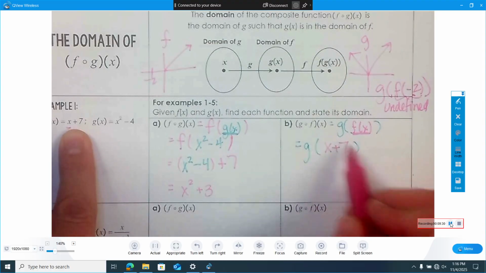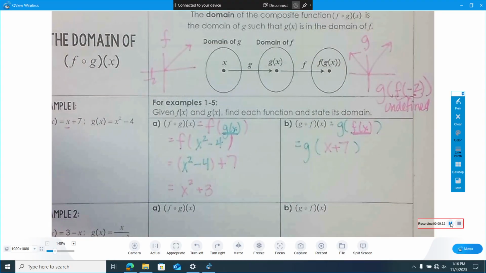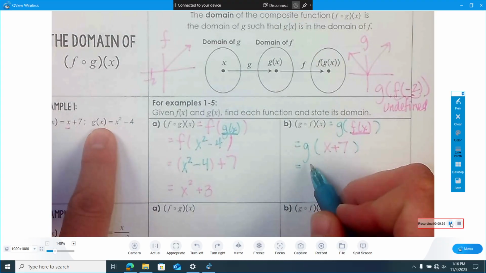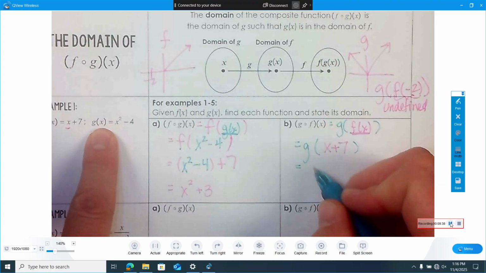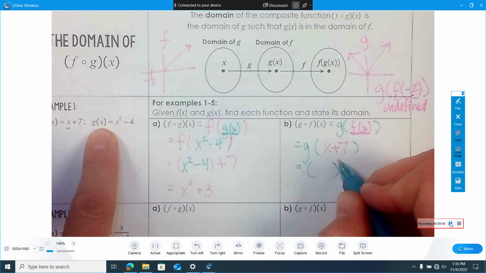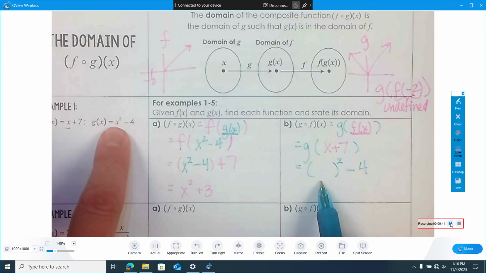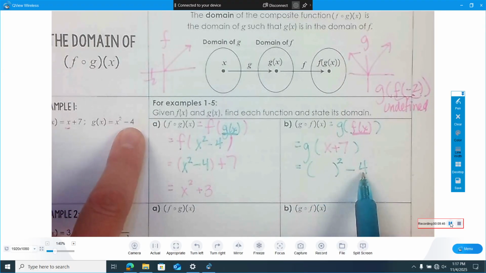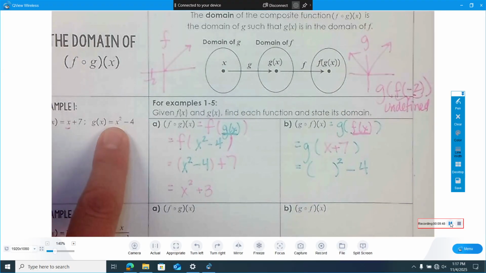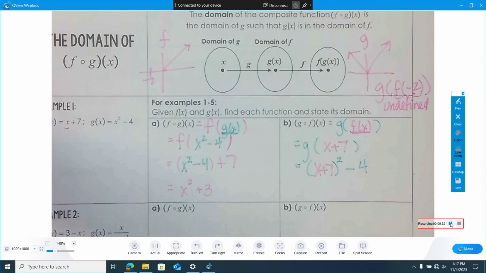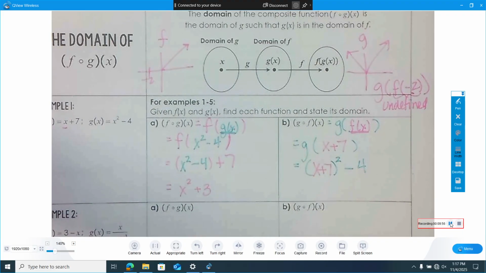All right, now what is this statement telling you to do? Replace, go to the g function, and instead of x, what are we using? X plus 7, yeah. So my outside function here is something squared minus 4. And what do I put in place of the x? X plus 7. All right, so instead of x, we are popping in an entire function.